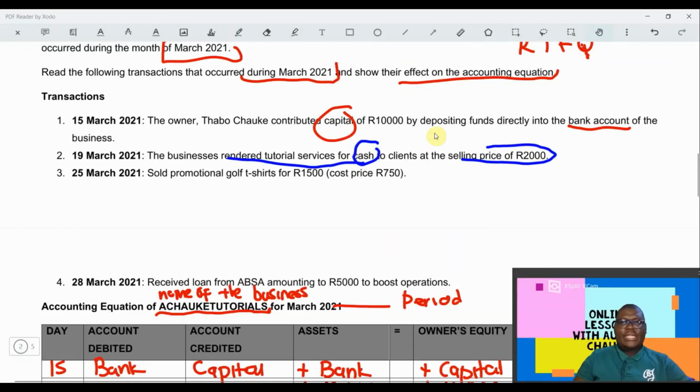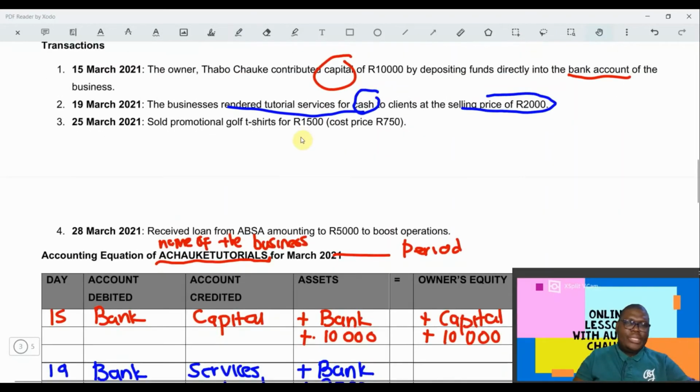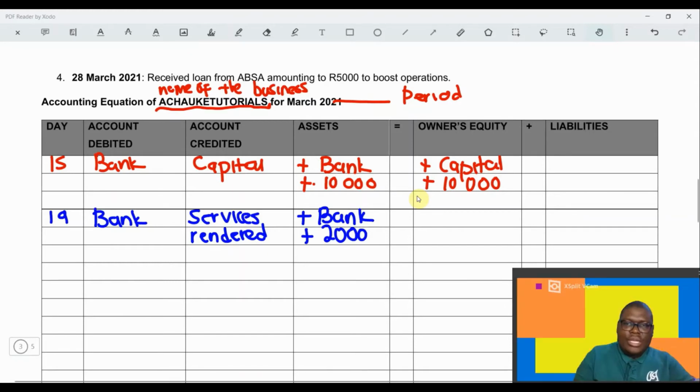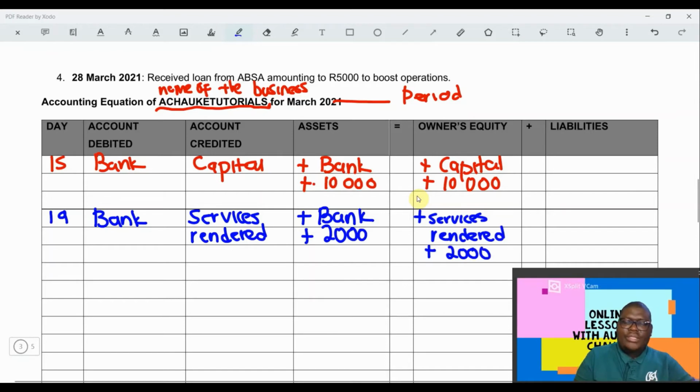Our next element is services rendered. Services rendered increases our owner's equity. The net worth of the business increases. So here it means we're going to say plus services rendered, and then we say plus 2,000.